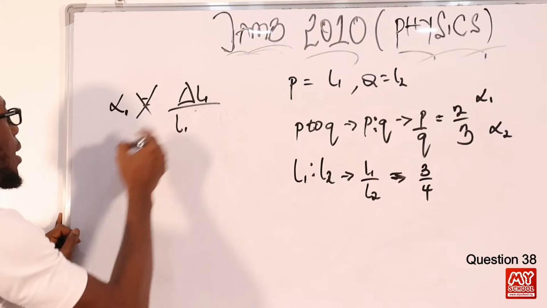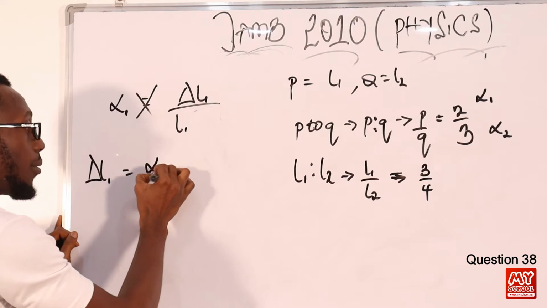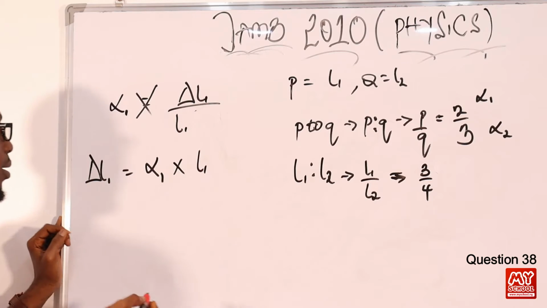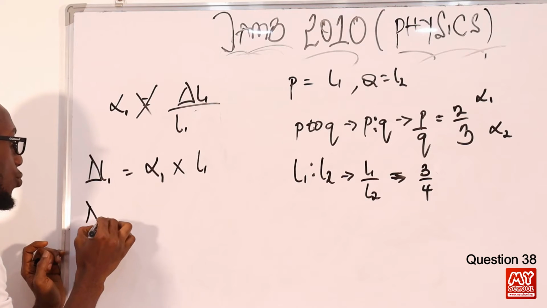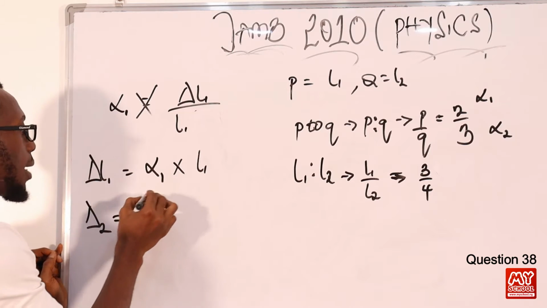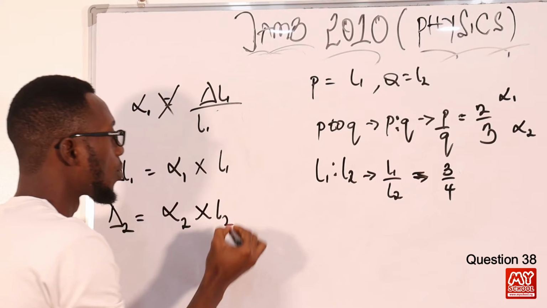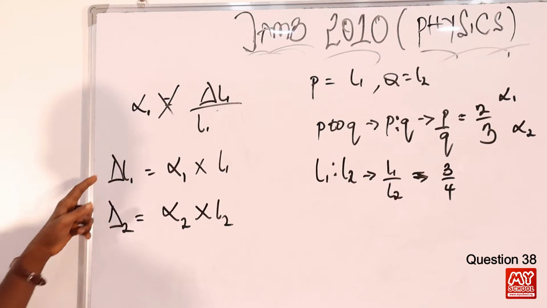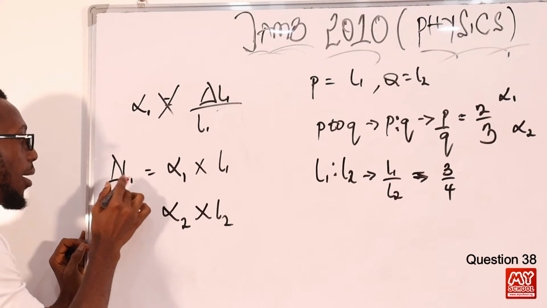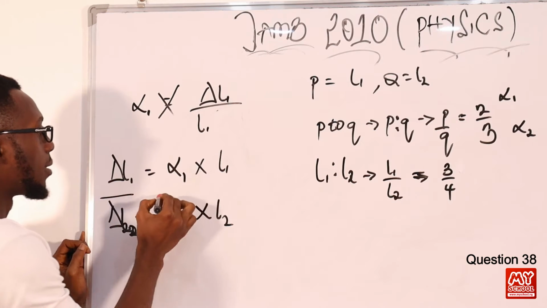The increase in length for P will be the linear expansivity of P times the length of P. The same thing applies to Q: the increase in length for Q is the linear expansivity of Q times the original length of Q. We are told the ratio, so that is delta L1 over delta L2.